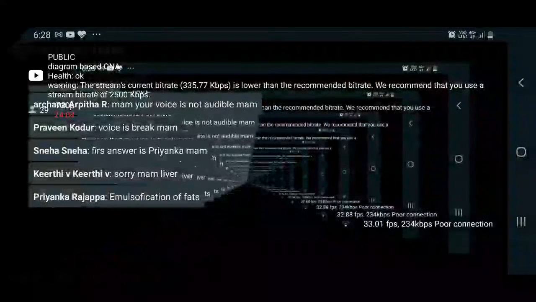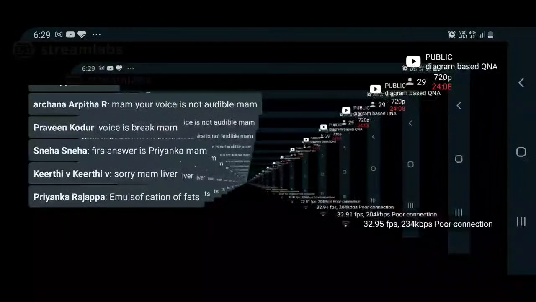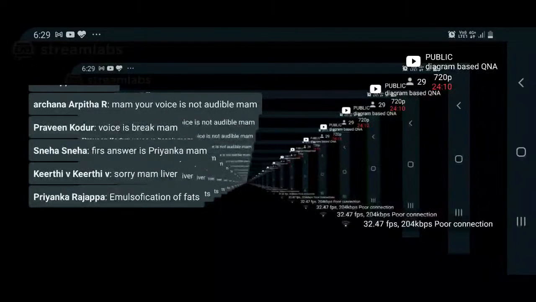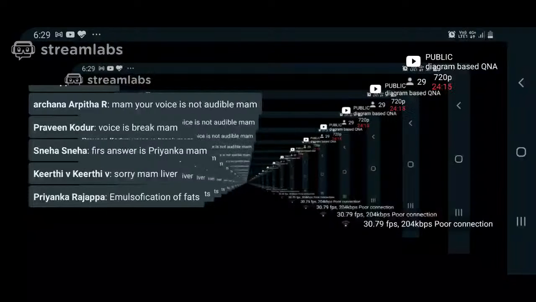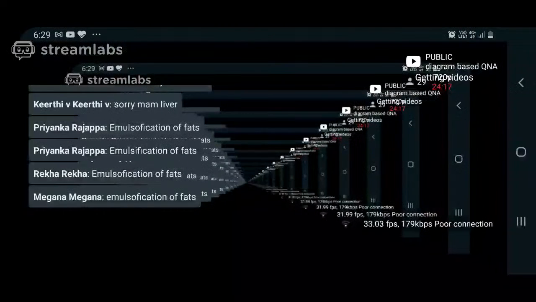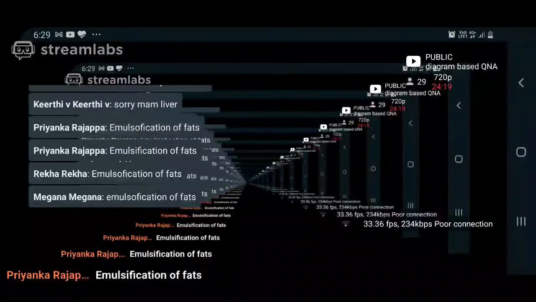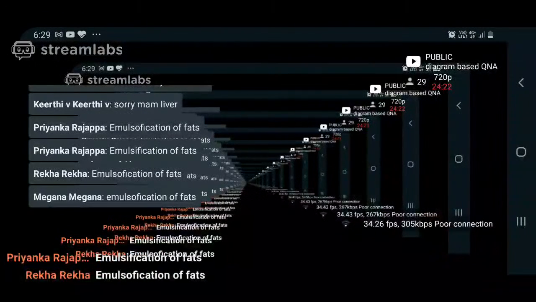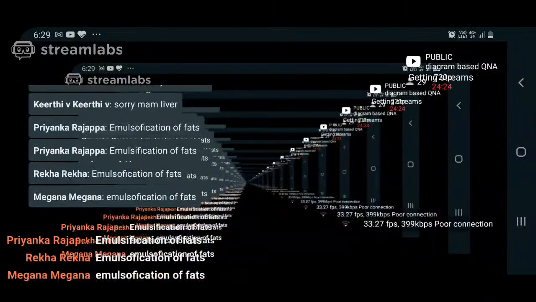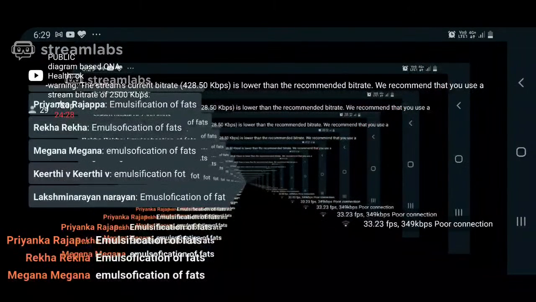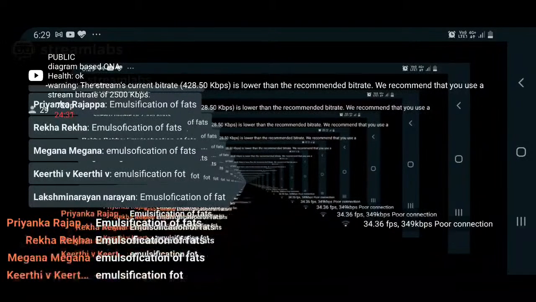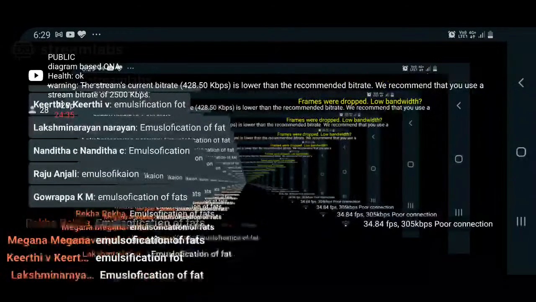Emulsification of fat is a process where large fat globules break down to small fat globules, and that is the maximum digestion that takes place by the liver by emulsification of fat and secretion. And what is that secretion name?